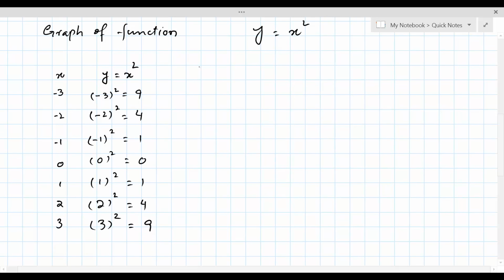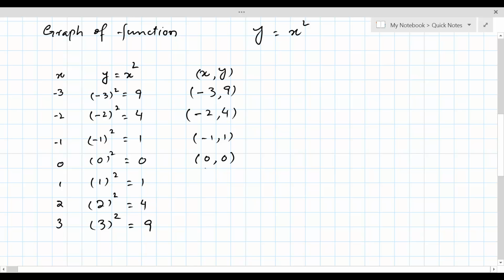So the pairs of values which we need to plot would be like this. x, y would be minus 3, 9, and minus 2, 4, minus 1, 1, and 0, 0, 1, 1, 2, 4, and 3, 9.